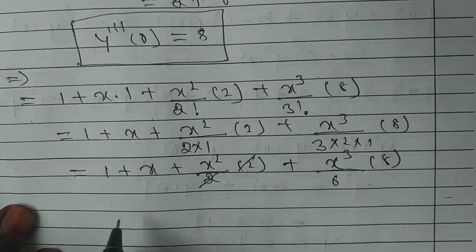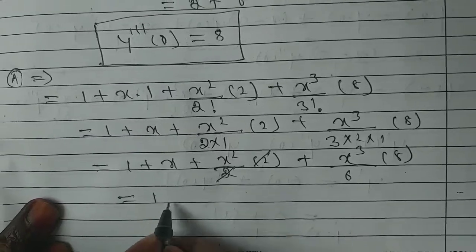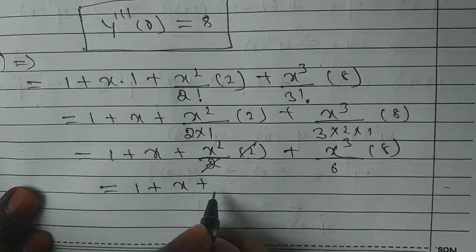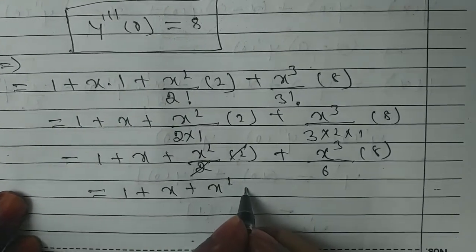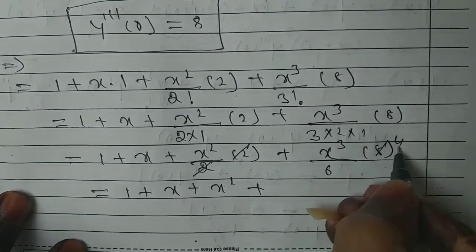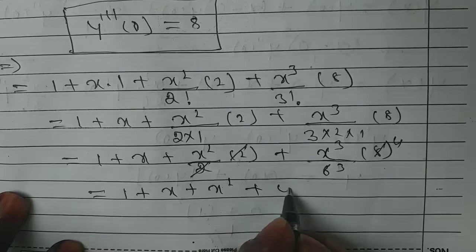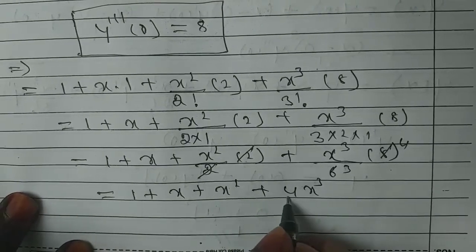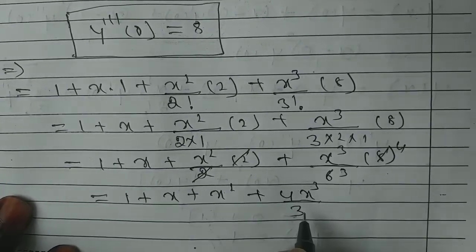This 2 gets cancelled and we are left with 1 plus x plus x square plus 4x cube by 3.